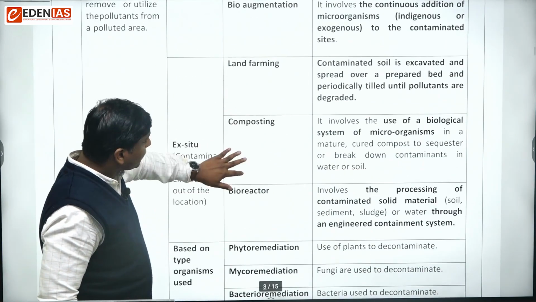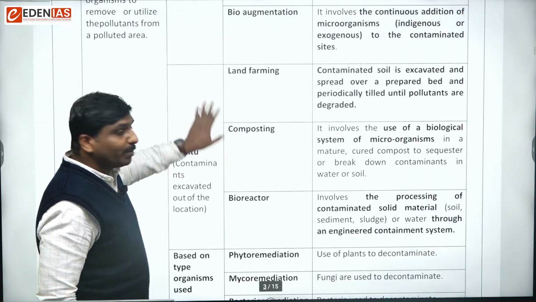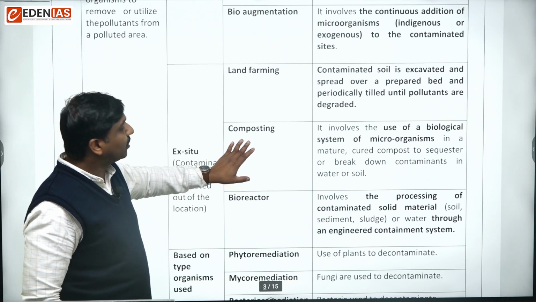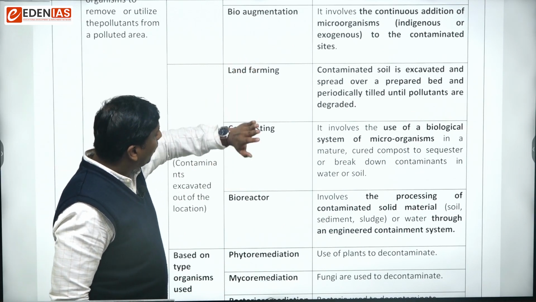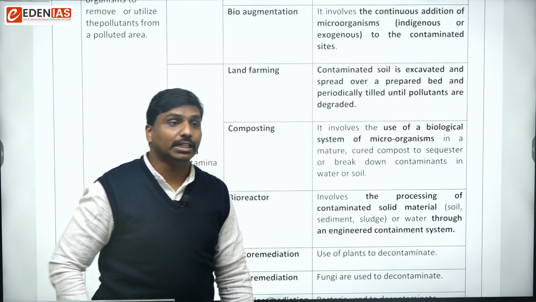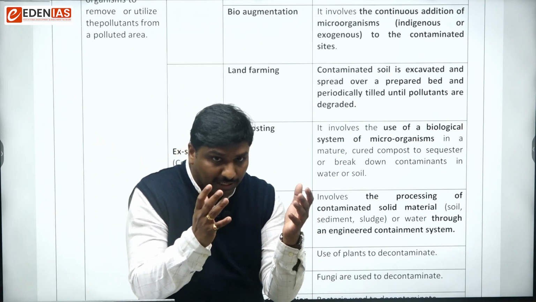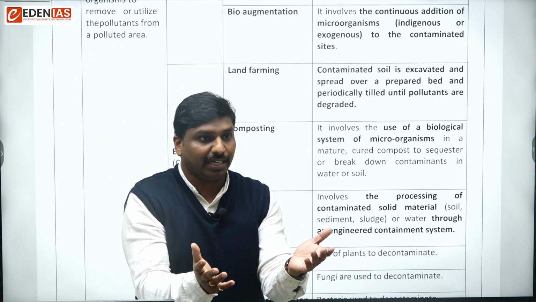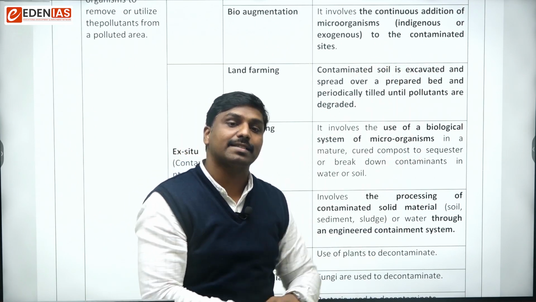And then there are some ex situ methods. What are the important ex situ methods? Land farming, composting, and bioreactors. In an ex situ method, we collect the polluted sample and decontaminate it somewhere else.